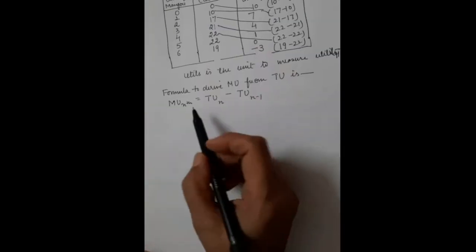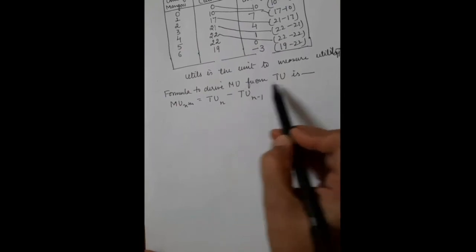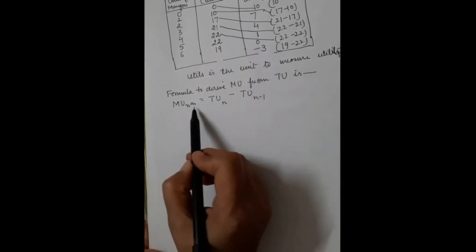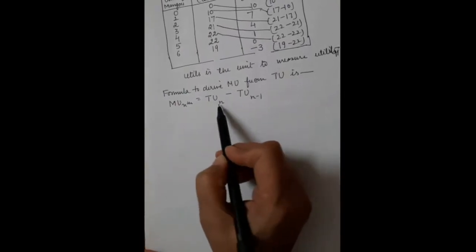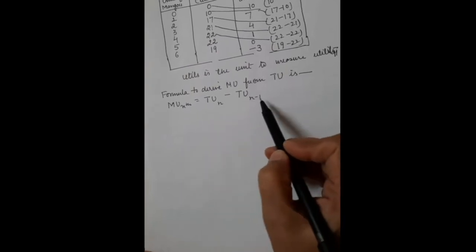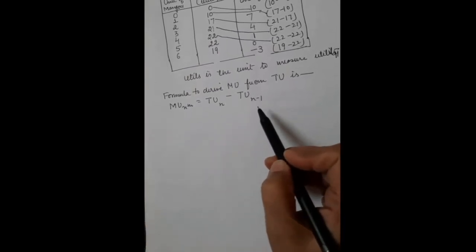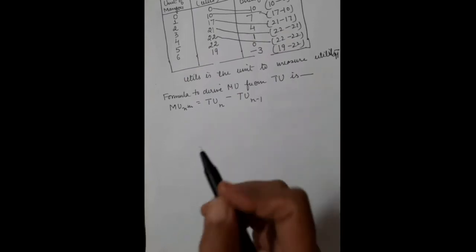Right? The formula to derive MU from TU is MU of nth is equal to TU of n minus TU of n minus 1. Now let us put the values into this formula and see how.